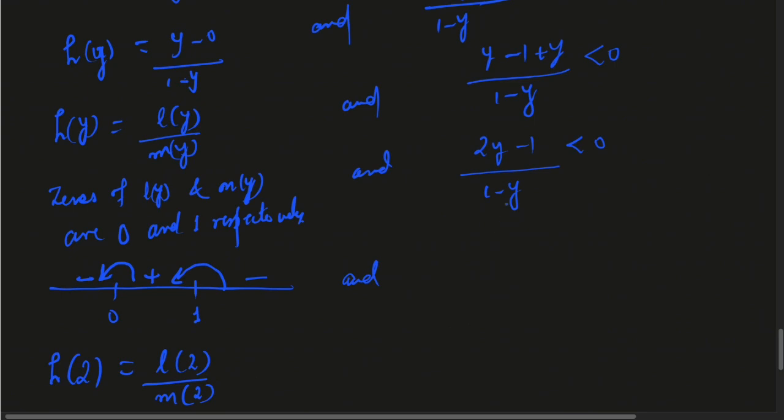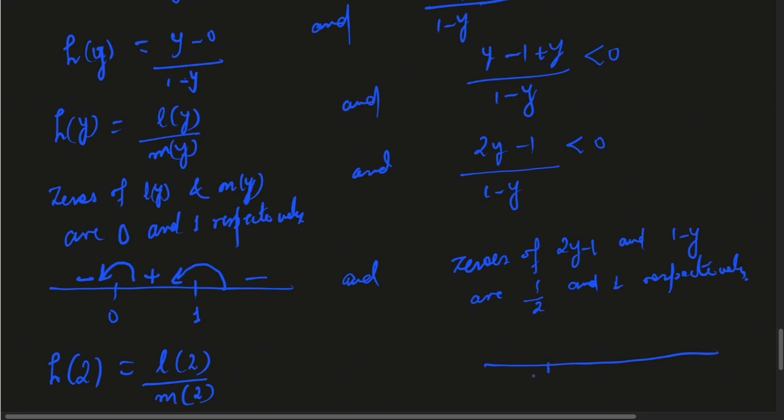So we'll use the wavy curve method again. So the zeros of 2y minus 1 and 1 minus y are 1 upon 2 and 1 respectively. Now we will put these zeros on a number line.